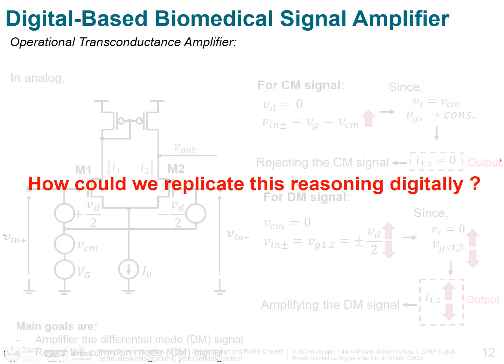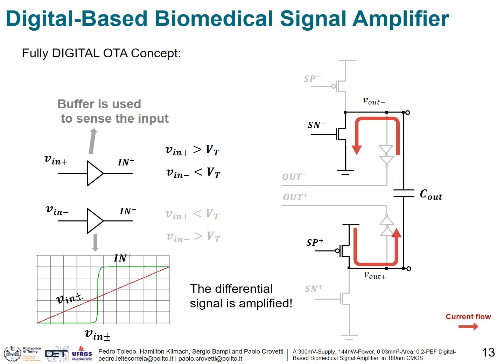Based on the reasoning presented in the previous slide, we could wonder if we could replicate it in a digital way. The answer is yes, and I will show it in the next slide. To implement the same behavior of the OTA but this time in a digital way, we can start with two buffers to sense the analog input signals Vn plus and Vn minus.